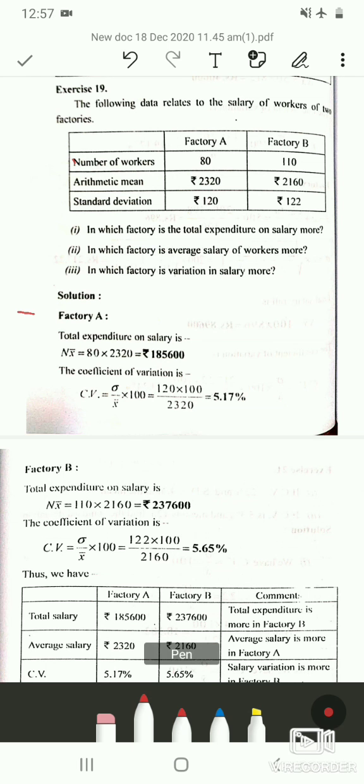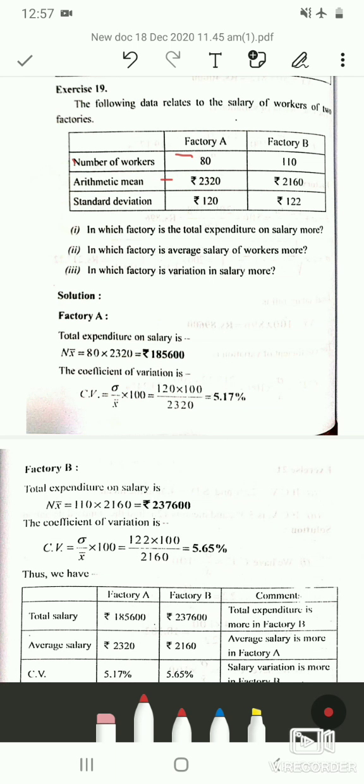So let us see for factory A, the total expenditure on salary is, we know the formula is n into x bar. We have n value, which is 80 for factory A, and x bar is rupees 2320. So total expenditure on salary is 1,85,600 for factory A. And let us calculate coefficient of variation, which is standard deviation divided by x bar into 100.